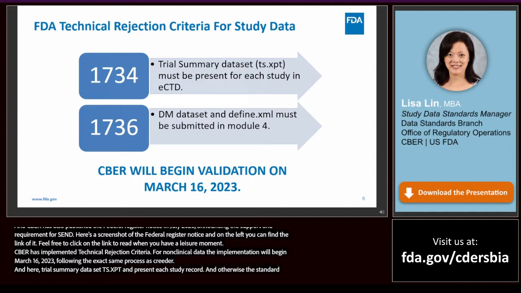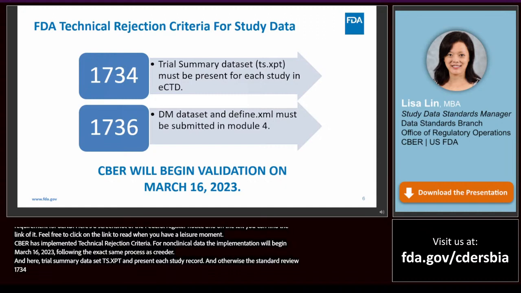FDA automated validation process uses the parameter of study start date in TS.XPT to tell if the study start date is after requirement start date, which is March 15, 2023, for IND submissions for CBER.